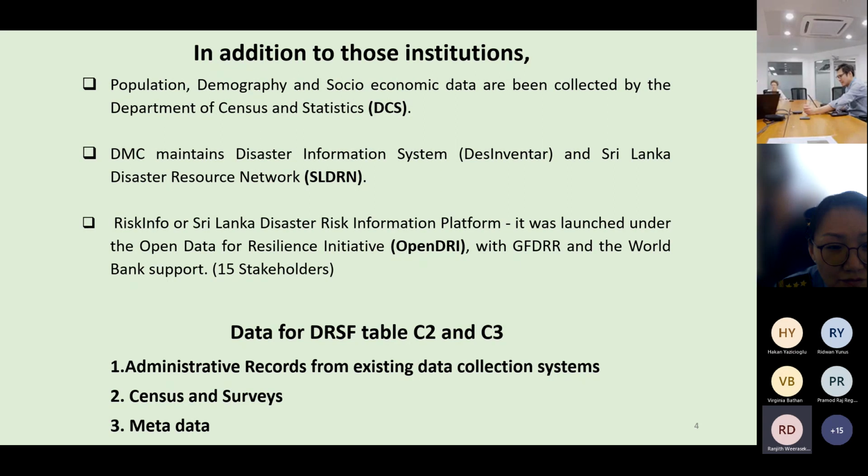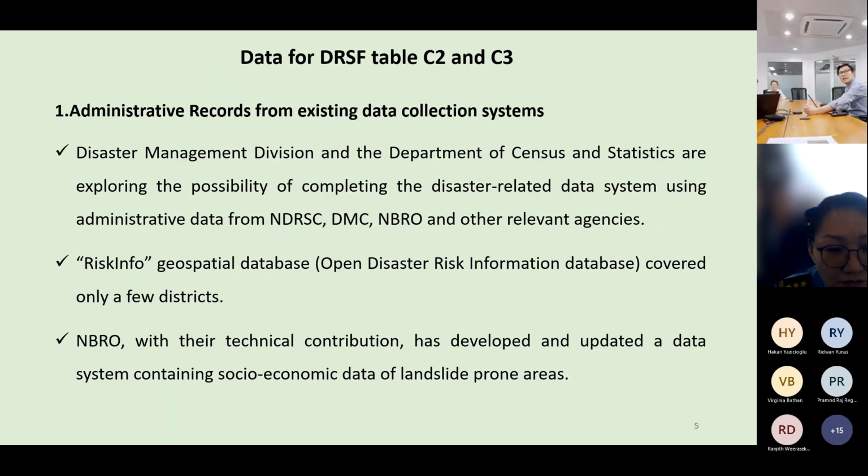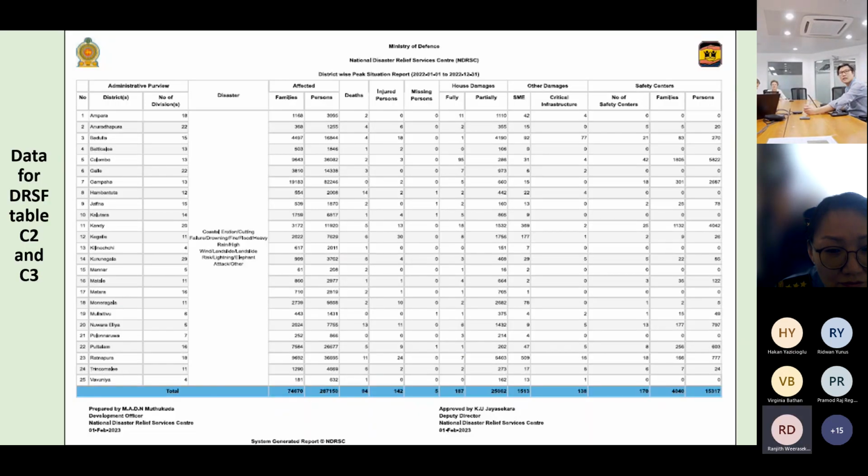Please, next slide now. We discussed the administrative data earlier. Now you can see an example of the NDRSC disaster data set.